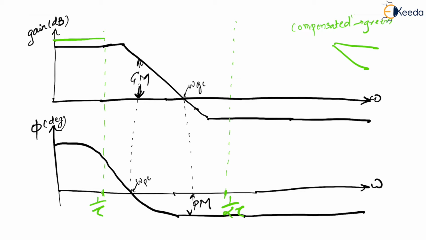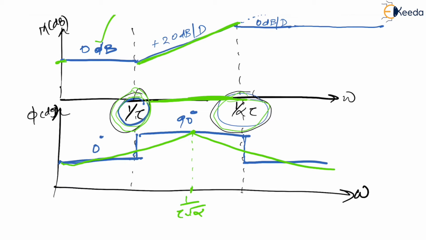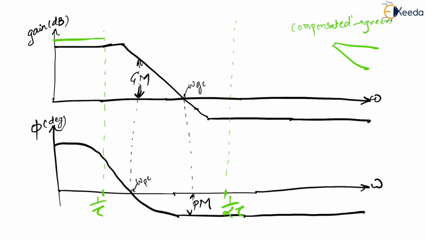Slope will rather decrease. Why? Because I am adding plus 20 dB per decade slope, which means now the slope here is going to be somehow like this, and then it is going to follow from here to here. It is going to follow the same pattern.